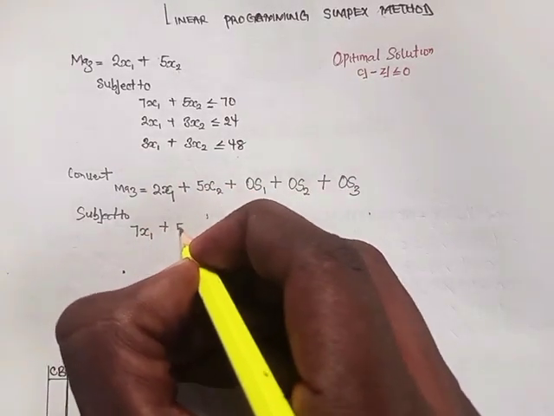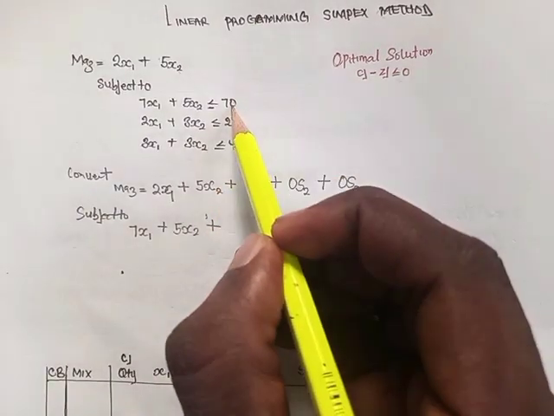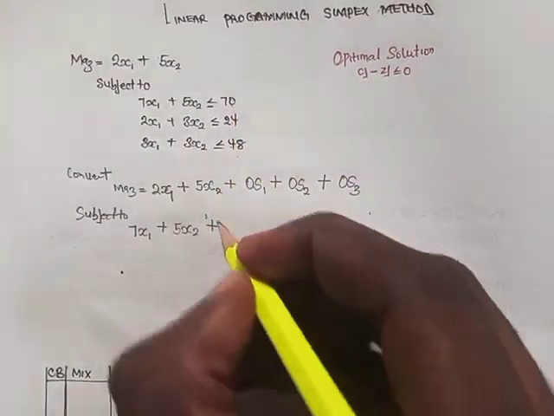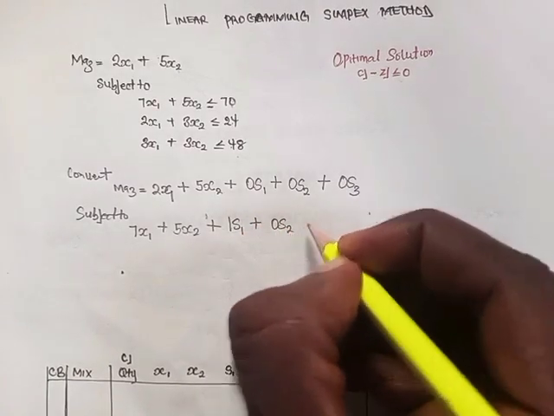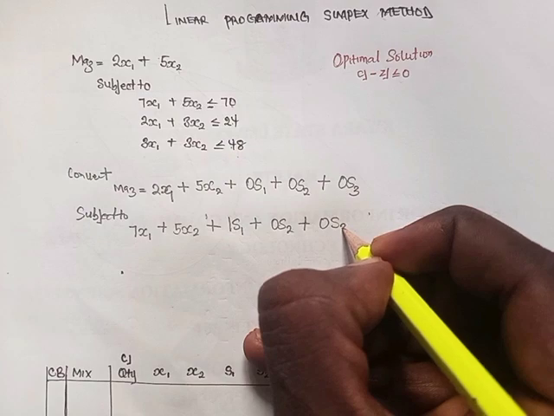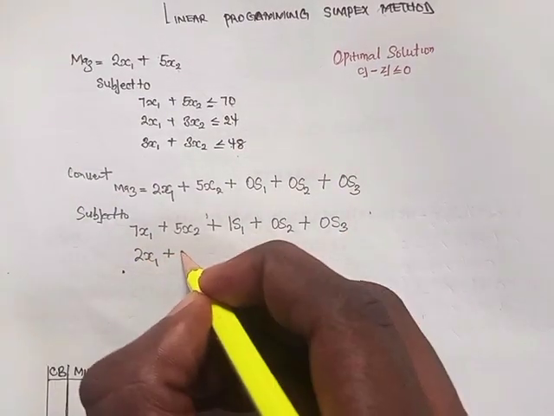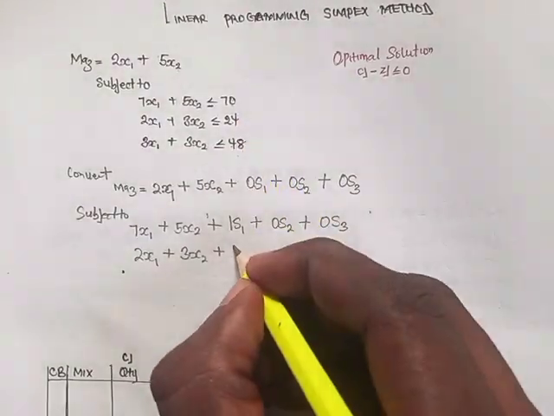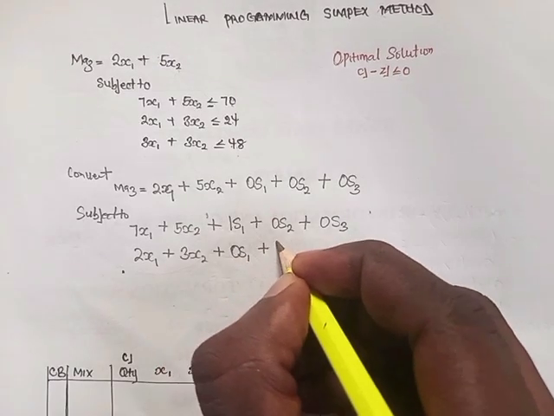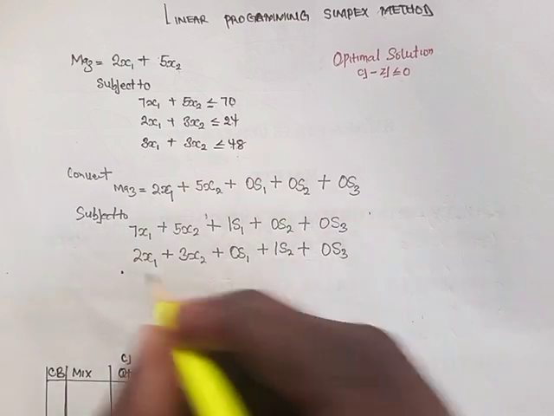So let me convert my first constraint to standard format. The first constraint will be equal to 1, the second constraint will be equal to 0, and the third constraint will be equal to 0 too. Now let me convert my second constraint to standard format. The first constraint will be equal to 0, the second constraint will be equal to 1, 1x2, and the third constraint will be equal to 0.